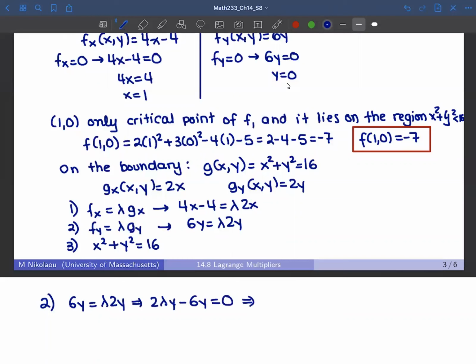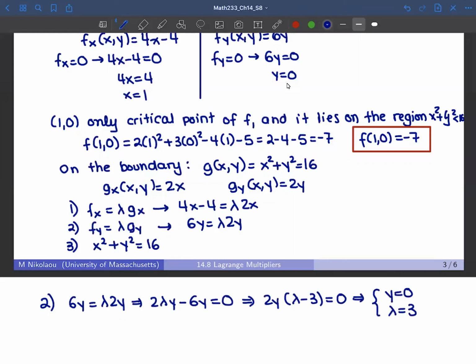If we factor 2y, we'll have 2y times (lambda - 3) equal to 0. That gives us two solutions: either 2y = 0, so y = 0, or lambda = 3.